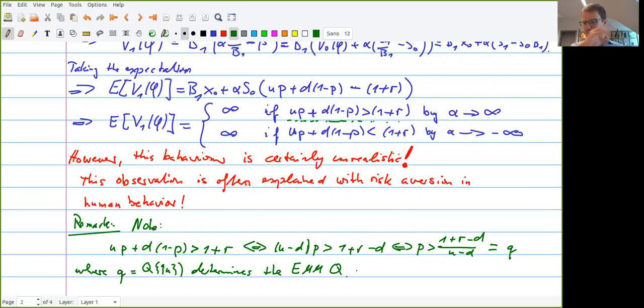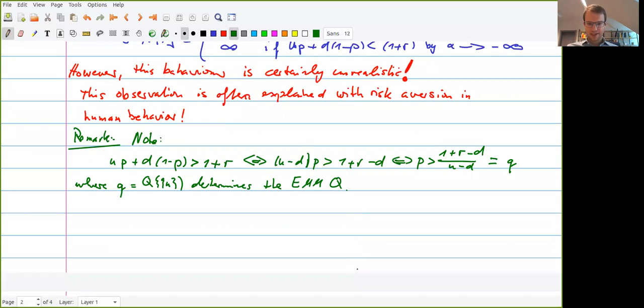Okay, so what you see here, the probability under the physical measure P that the price of the risky asset goes upwards is higher than under the risk neutral or martingale measure Q. What does this tell us?